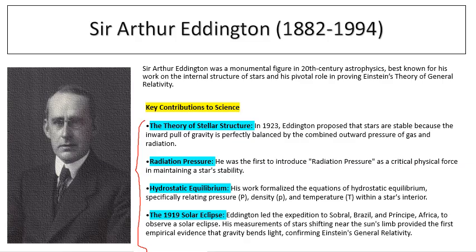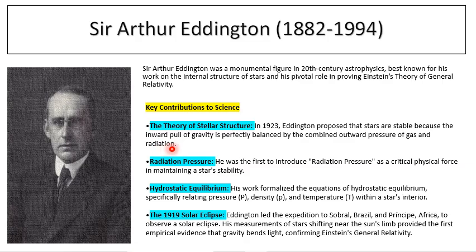The theory of stellar structure as per Eddington was that stars are stable because the inward pull of gravity, that tries to bring the material of the star towards the core, trying to force it to collapse and explode, is perfectly balanced by the combined pressure of gas and radiation. So you have to remember this particular line. It's very important and it will be further discussed in the next slides.